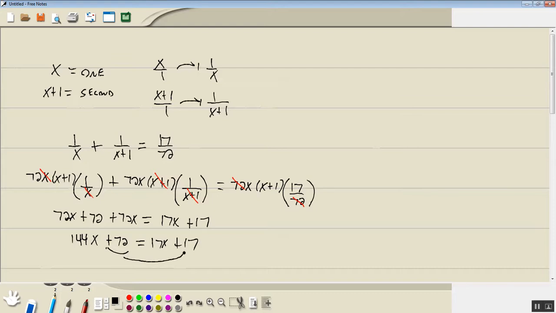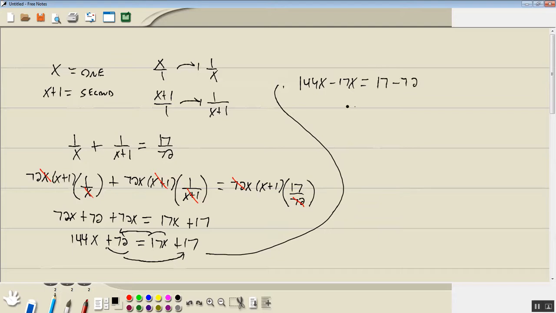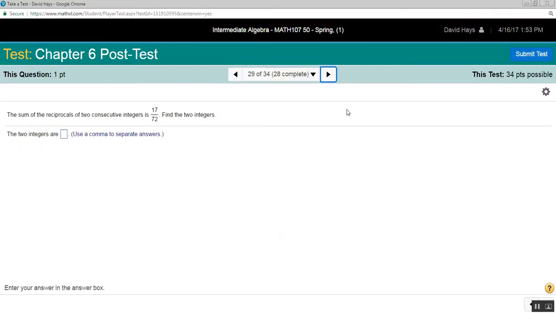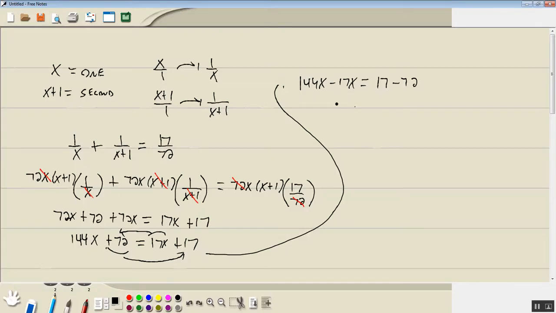Get everything with an x on one side, numbers on the other side. So I got 144x minus 17x is equal to, this isn't looking good, 17 minus 72. So I think it said they're integers, didn't it? Yeah. Well, let's continue.